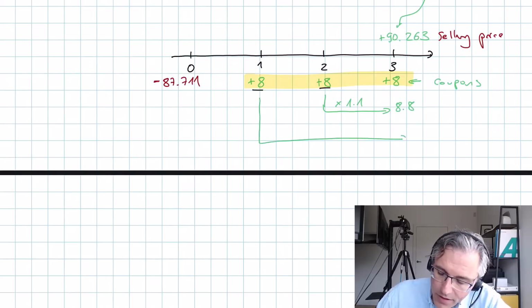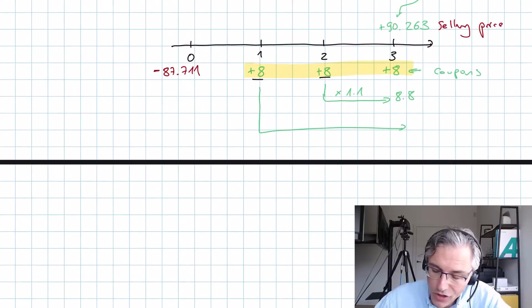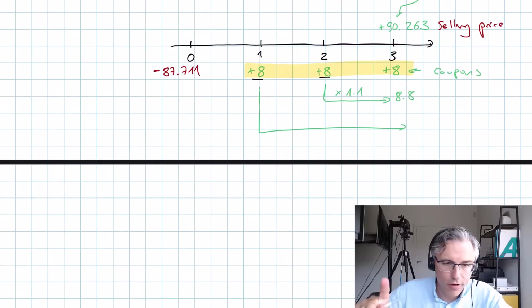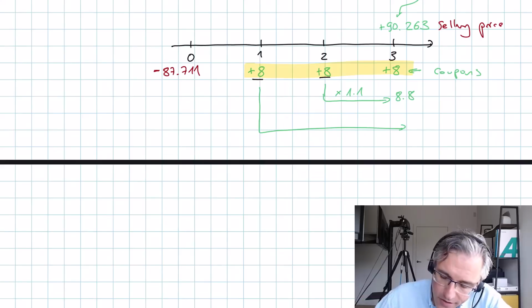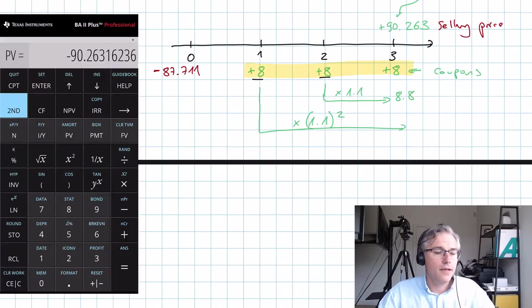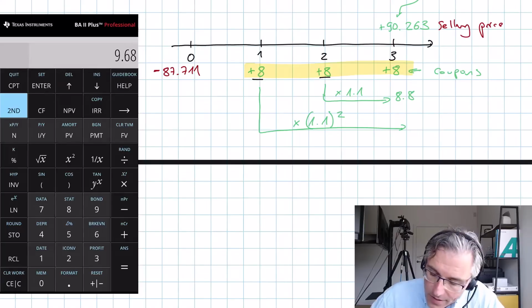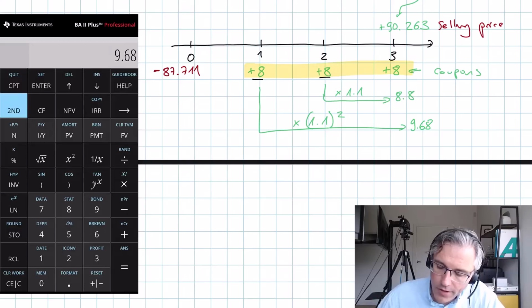This one would have been once again reinvested at 10%, but for 2 years in a row. First year, second year. So this would grow by a factor of 1.1, but squared. And if we do this on the calculator, take 8, multiply by 1.1 to the power of 2, 9.68. Right.